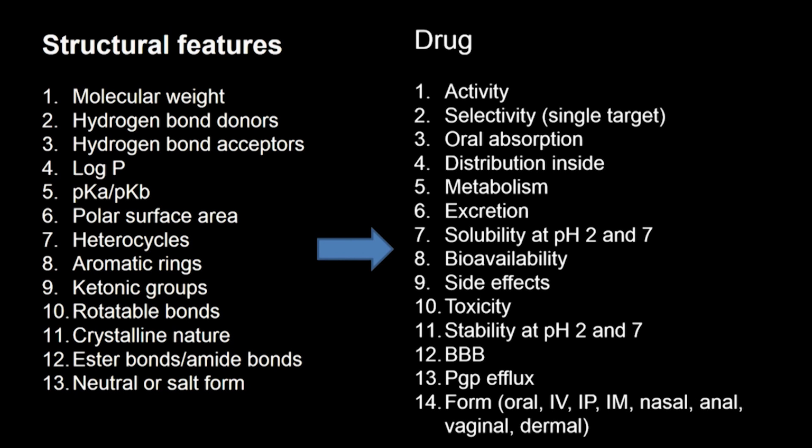features, and these are the activity, selectivity, oral absorption, distribution inside the body, metabolism, excretion, solubility at pH 2 and 7, bioavailability, side effects, toxicity, stability, blood brain barrier, P-gp efflux, form. So, all these are decided by the structural features.